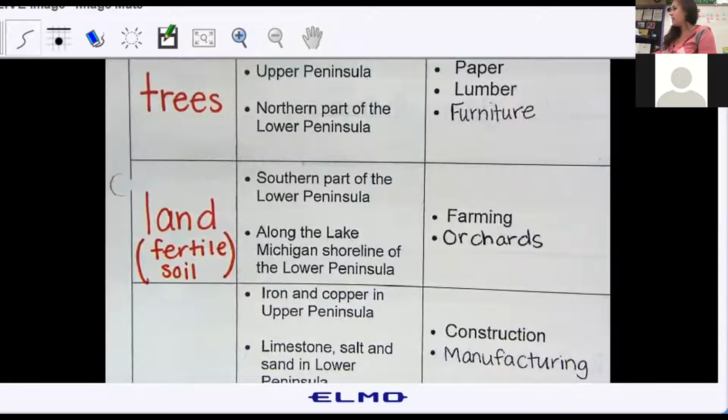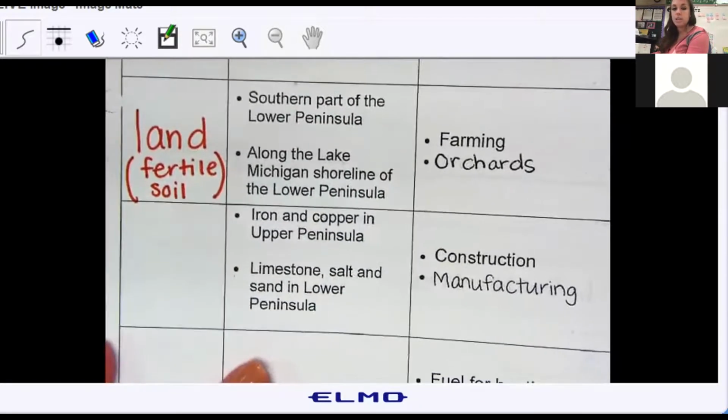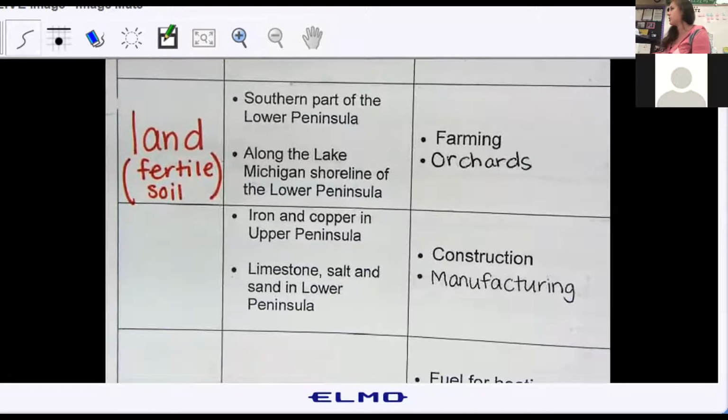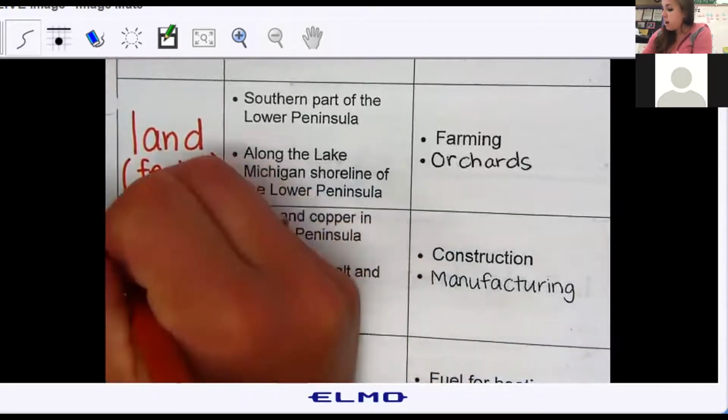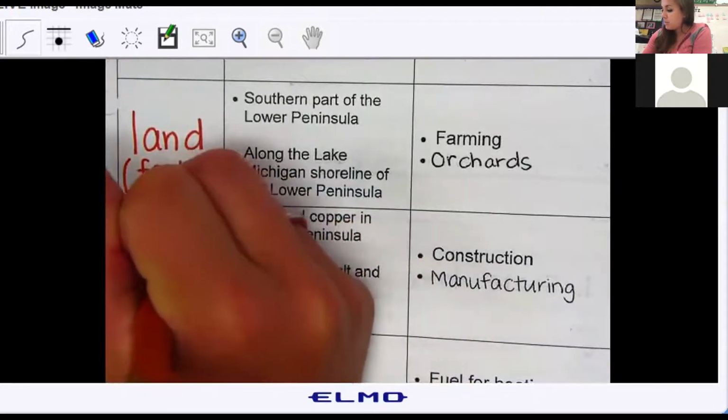Okay, the next part is construction and manufacturing. For this, we really are looking at what we call minerals.